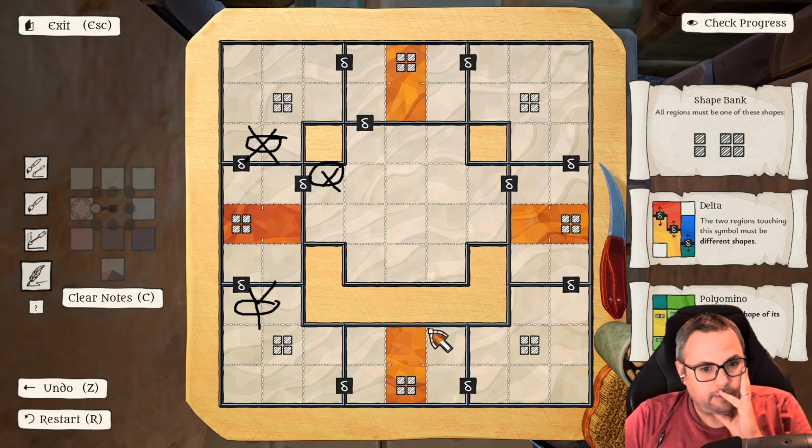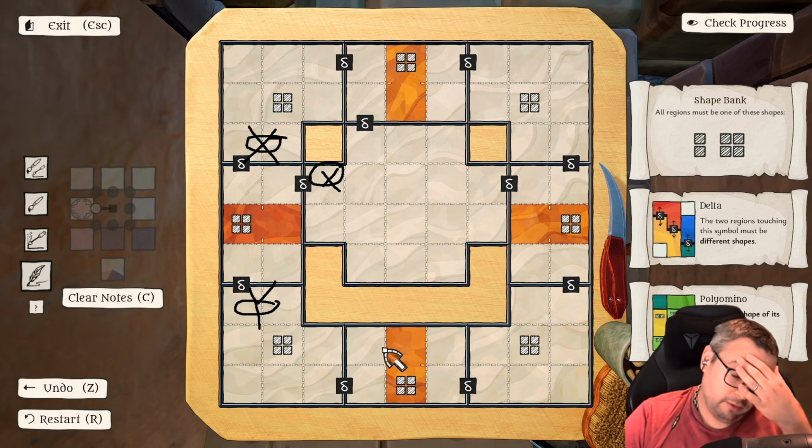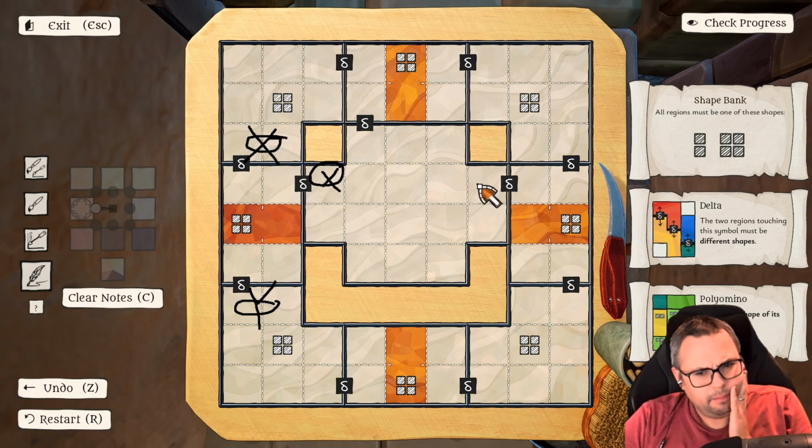That feels like a good observation. I don't know what to do with it, though. I don't quite see why they can't both be dominoes, though.